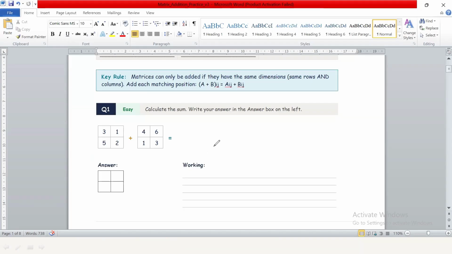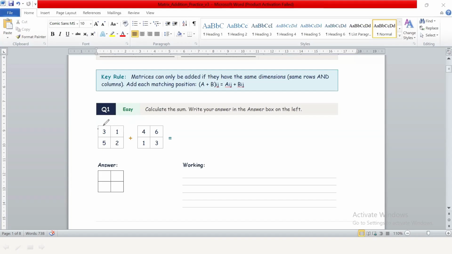All right, so let's look at the first question we have on our screen. The first question here is a matrix of 2 by 2. I have two rows and two columns. The first is 2 rows and 2 columns, and the second as well. So now what do we do?